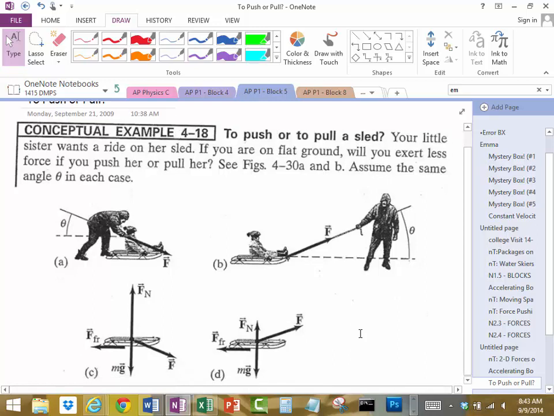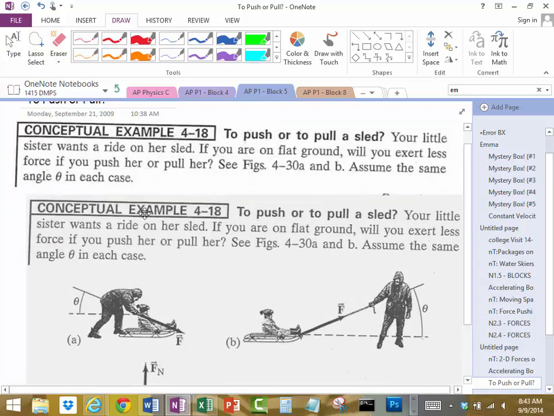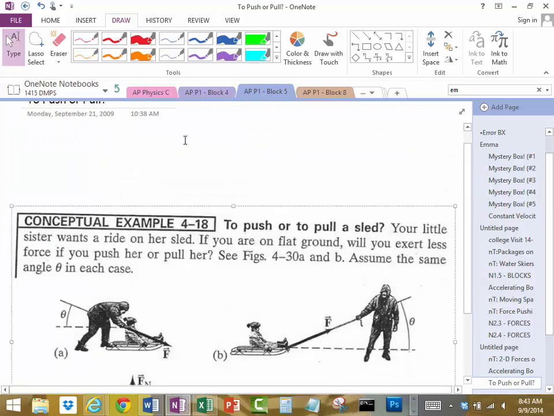A little conceptual question. This is thought-provoking and practical, and really the practicality is what I'm looking for. All right.